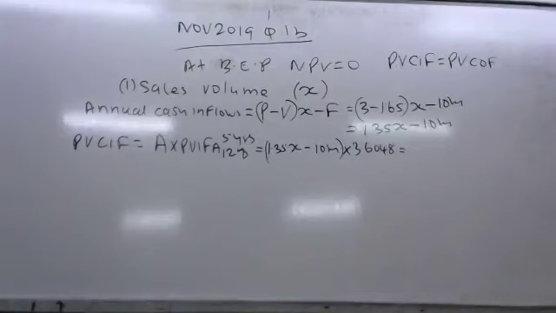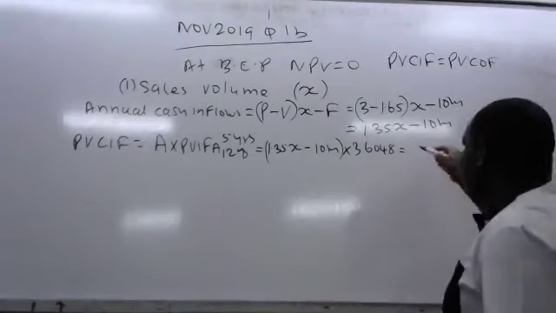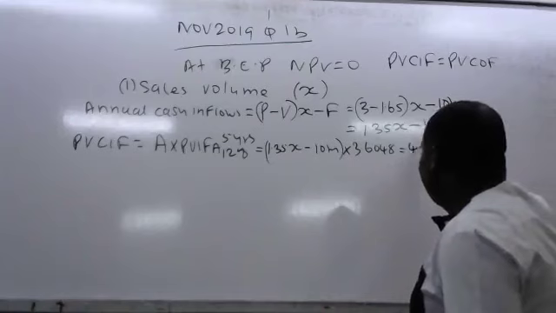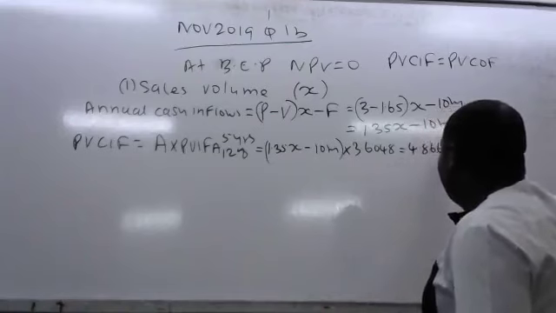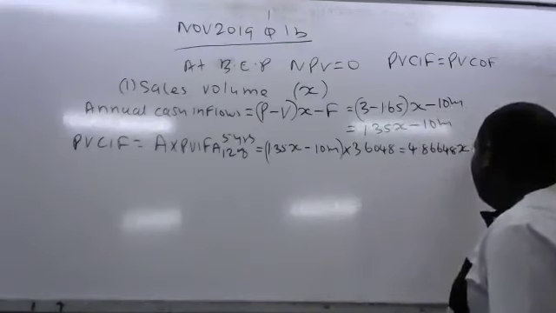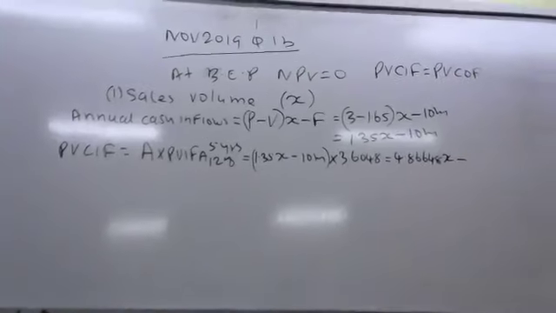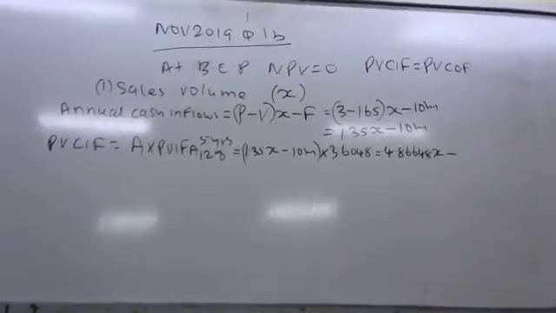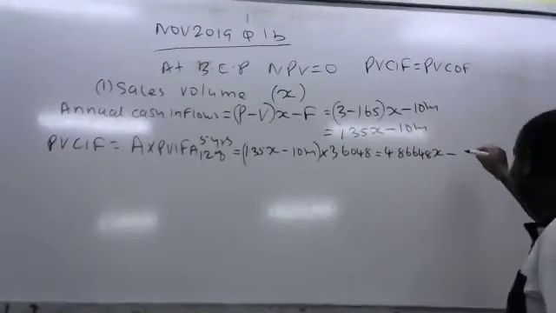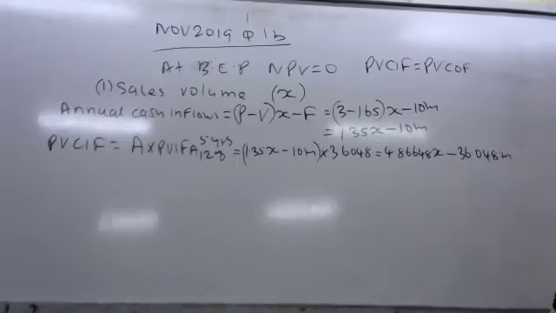When you multiply 1.35 by 3.6048, you get 4.86648. Then you get 36.048 million, which is subtracted.